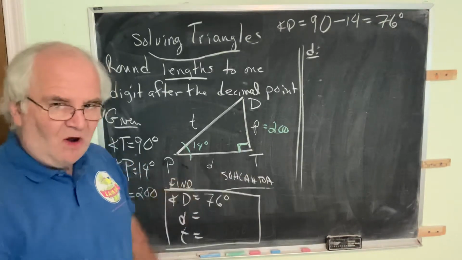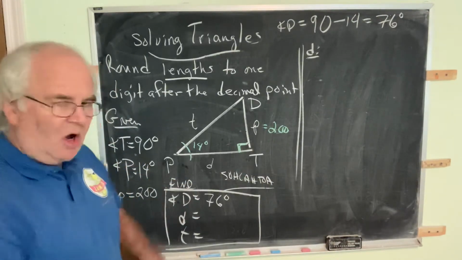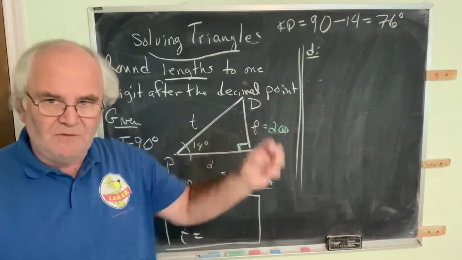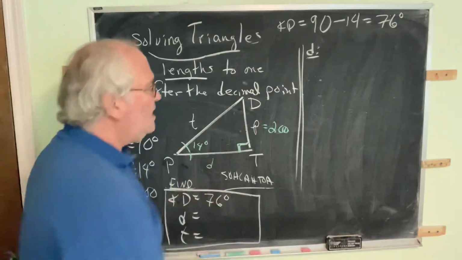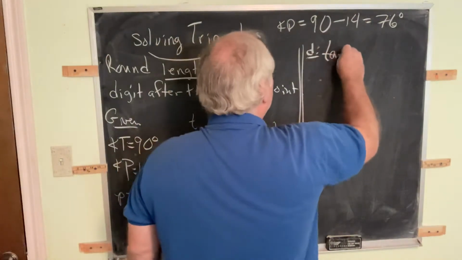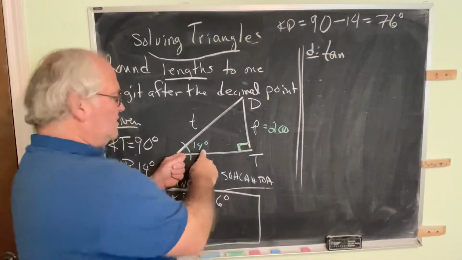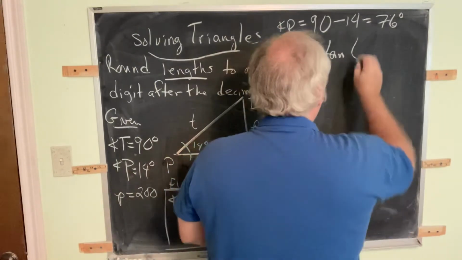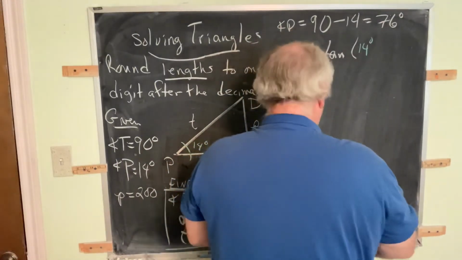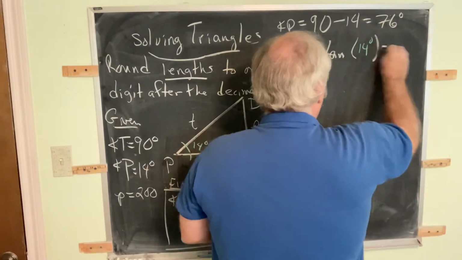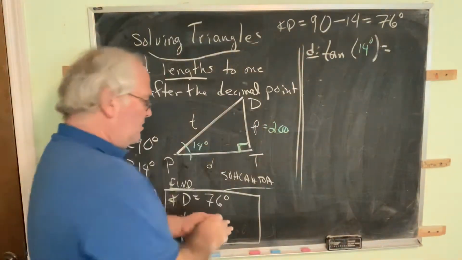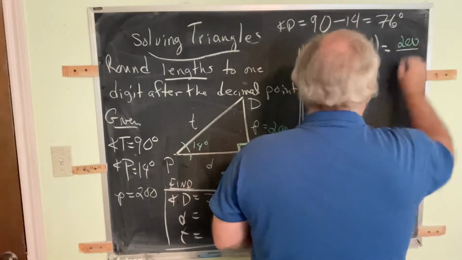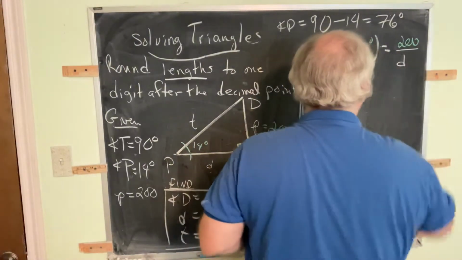So all you need to do is write it out. Tangent of the angle is opposite over adjacent. Tangent of the angle, which is 14 degrees, is equal to opposite, which is the 200, over adjacent, which is what we don't know.